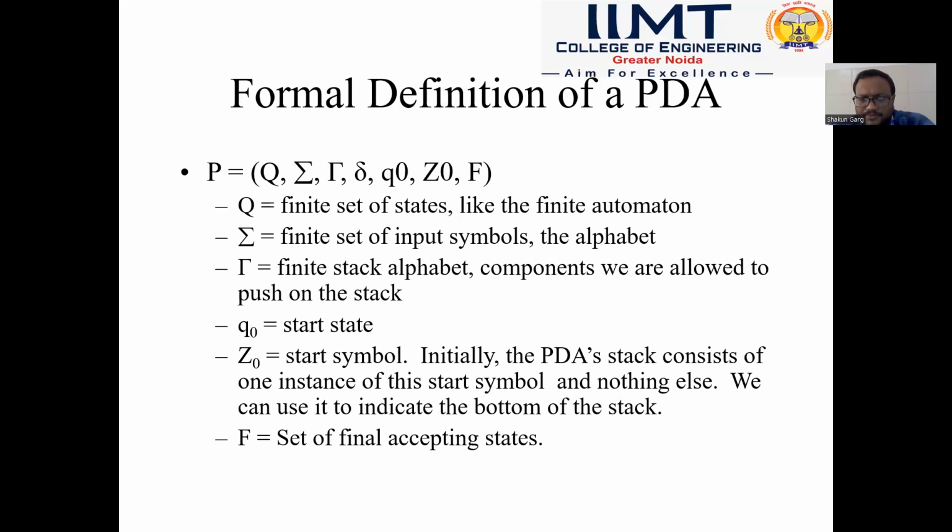As we all know, what is an input symbol? Any string is made with the help of input symbols. Input symbols may be 0, 1. Input symbols may be small a, small b. So whatever input symbols are in a string, they come in sigma.